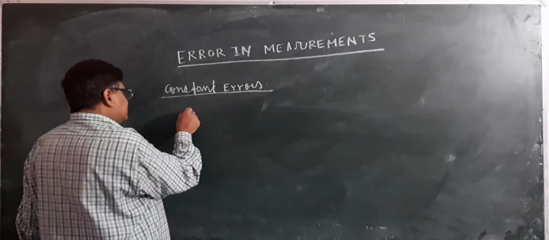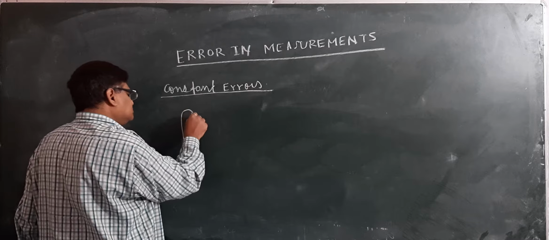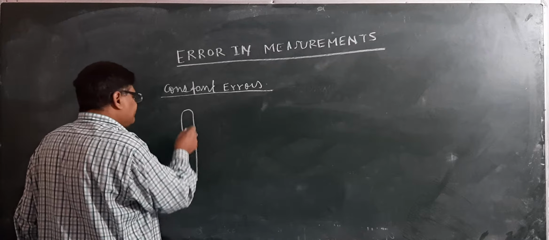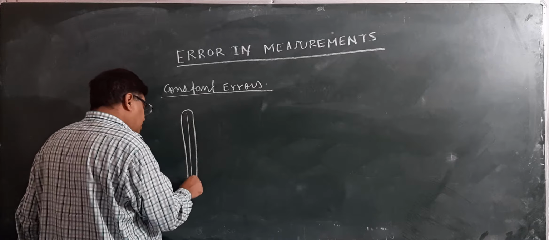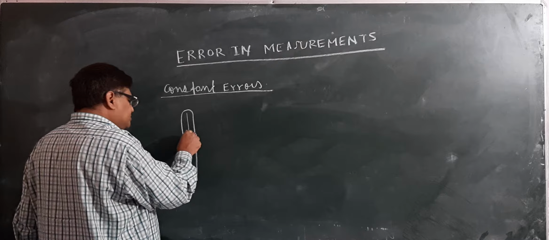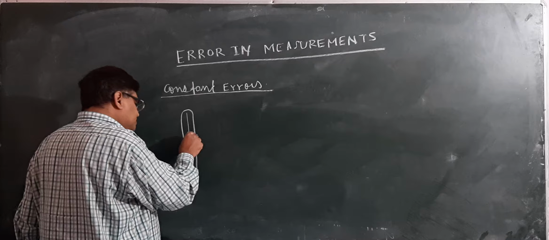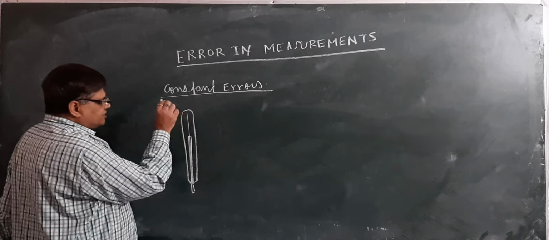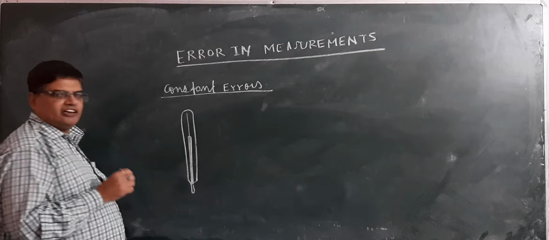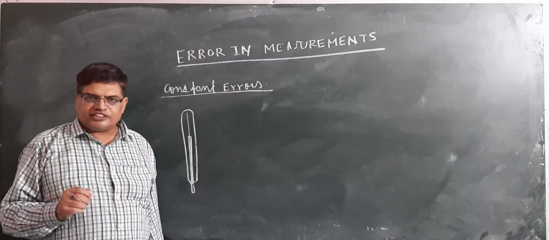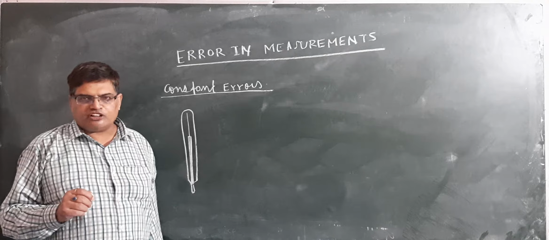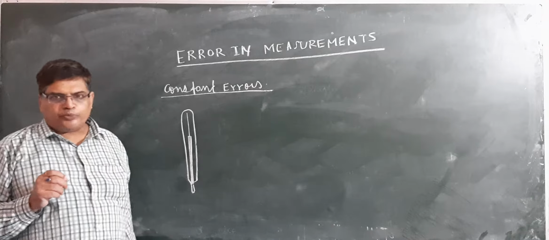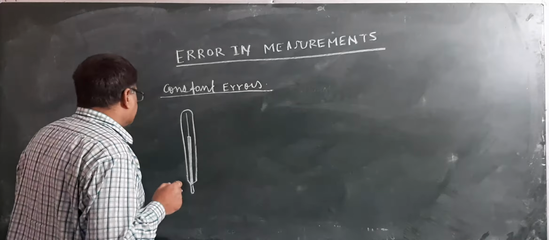Suppose we have a thermometer. Suppose this is the column which measures the temperature. Say this is the mercury column which has risen over here. Suppose this measures the lower value and the upper value of the temperature. The lower value of the temperature is taken to be the melting temperature of ice, and the higher temperature is the boiling point of water.